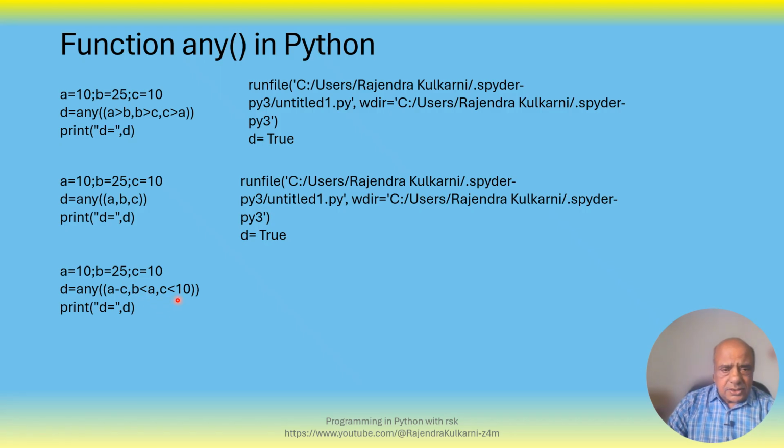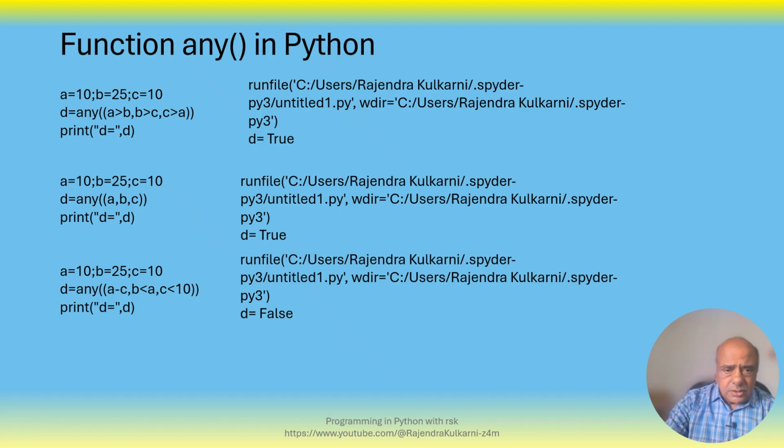C less than 10, C and A are equal, so it will also evaluate to false. So A minus C is 0, B less than A is false, C less than 10 is false. So any will return false, which will be assigned to D, and when we execute this print D statement, what we get is D is equal to false.